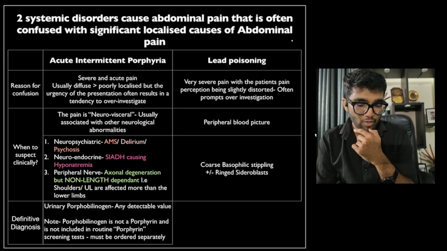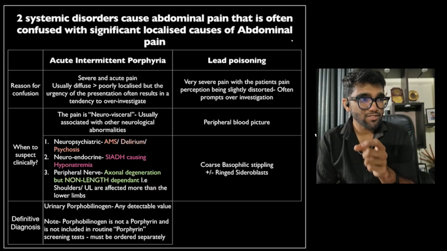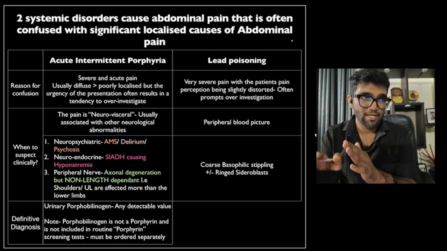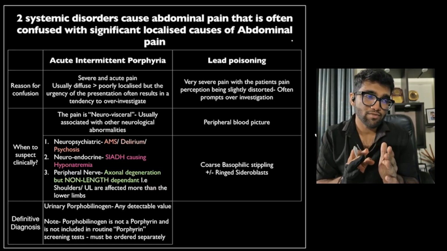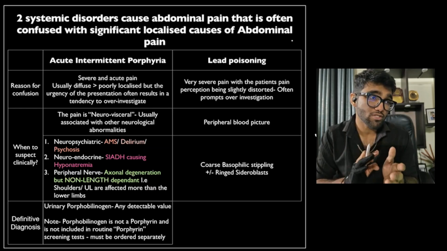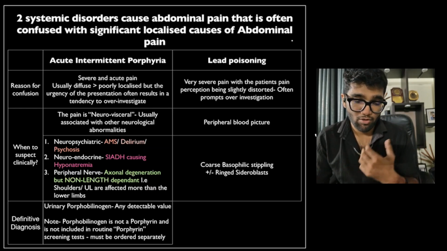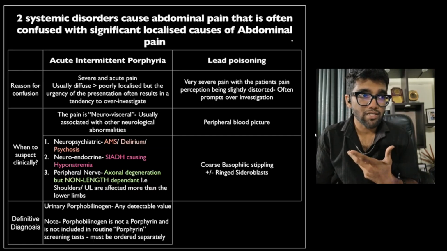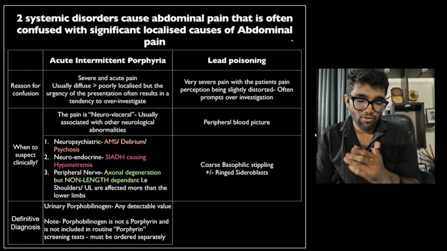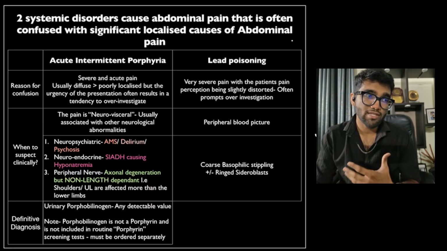So, because of that, there are two issues. One is that you cannot just send porphyrin levels because the porphyrin levels may be false positive, and that can actually happen with a lot of non-porphyria related medical disorders as well. And also, if you send porphyrin levels, they do not measure porphobilinogen, so there may actually be false negatives also.